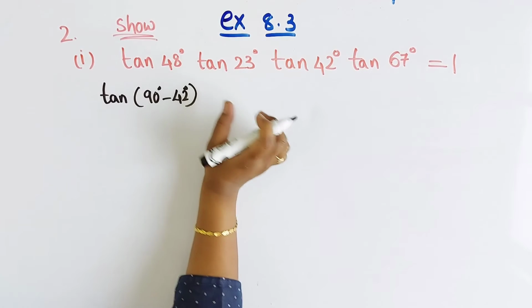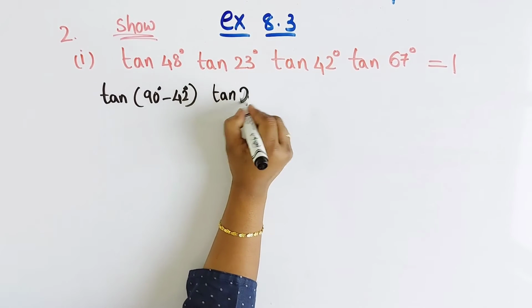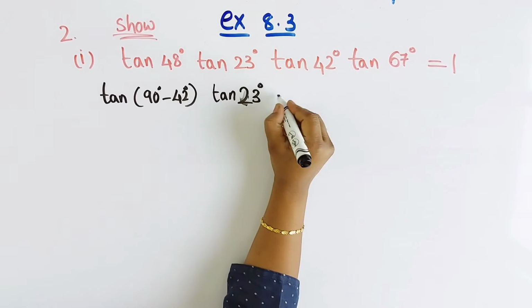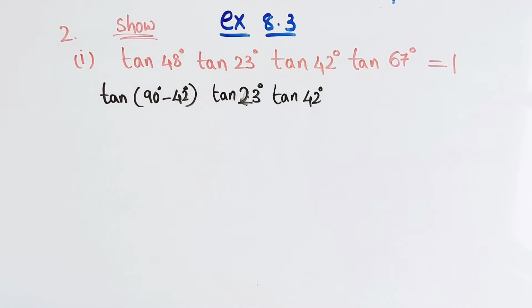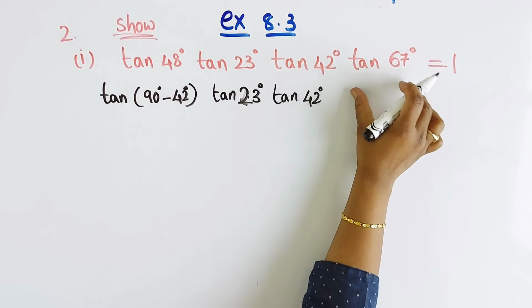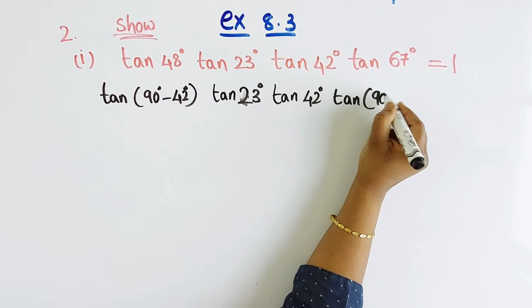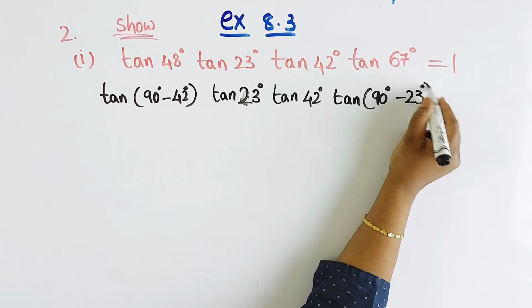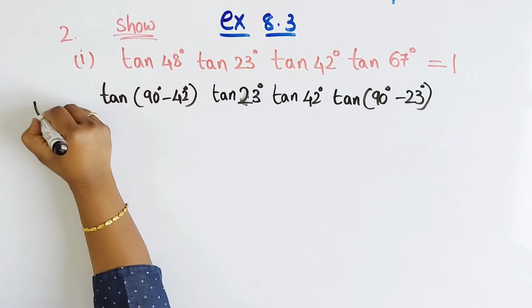Now tan 23 degrees, children, I am writing as it is. Here also tan 42. Now we will change this one. Tan 67 degrees, we can write it as tan 90 minus 23 degrees. Correct, children? Now we are checking only LHS part.